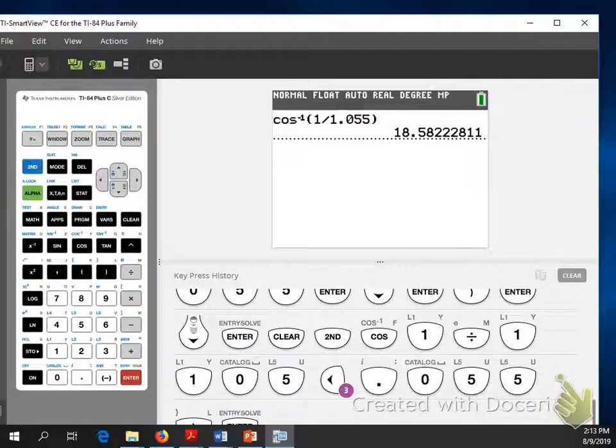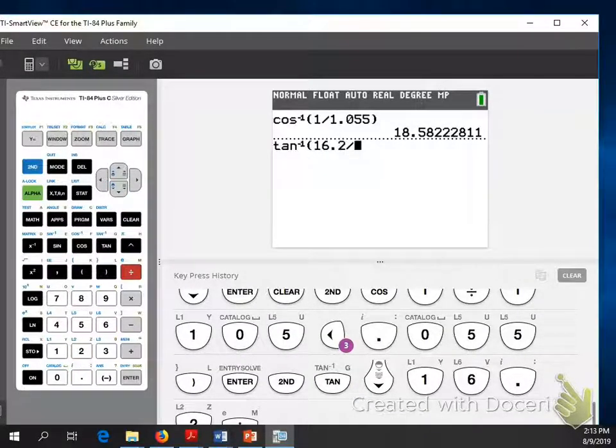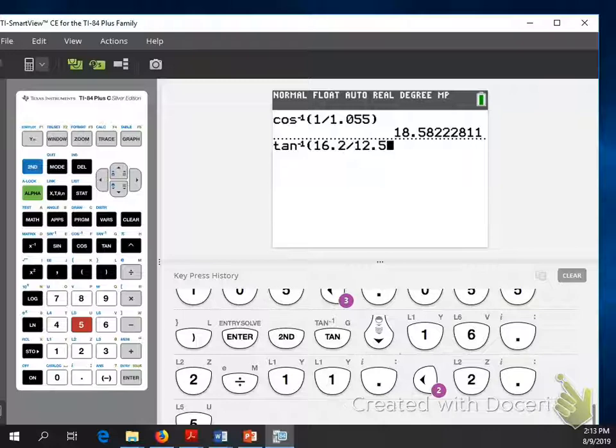So we can type it in as second tangent of 16.2 divided by 12.5. And we get our angle measure of 52.3 degrees for x.